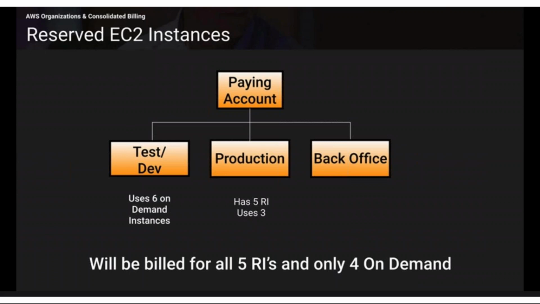So in this case, the total number of instances currently running is 6 plus 3, 9. However, since we have purchased 5 reserved instances, the cost for those 5 will be half of the normal cost, and I am going to pay the bill only for the 4 of them.